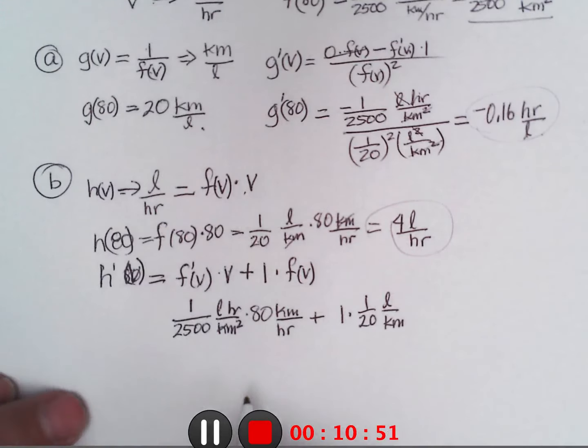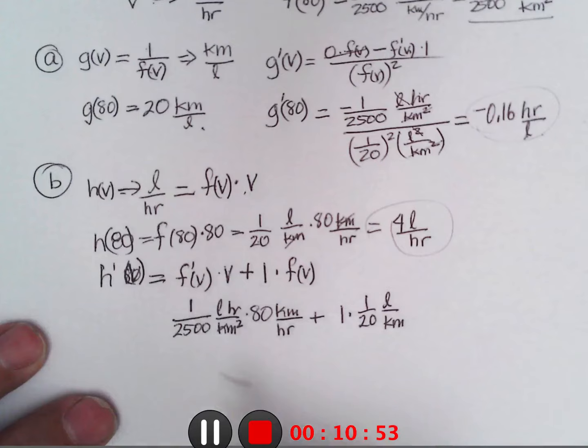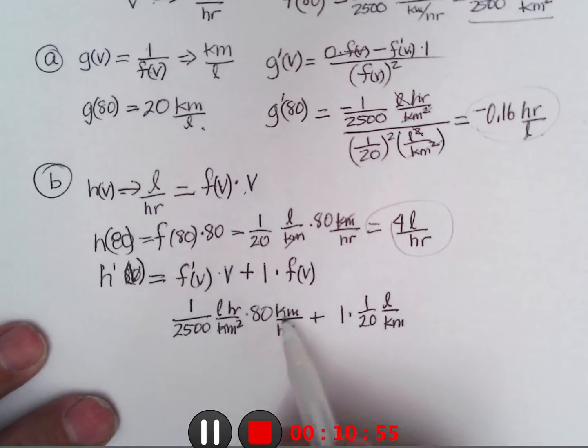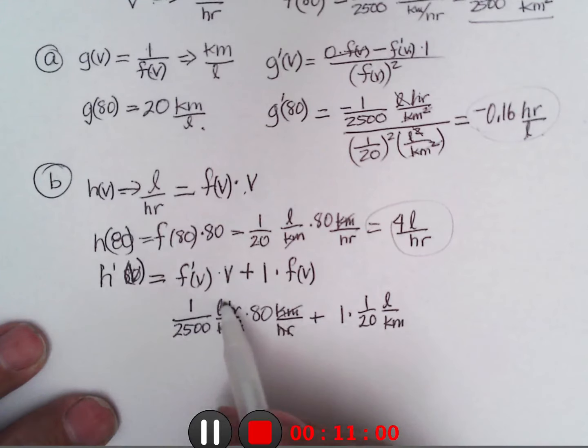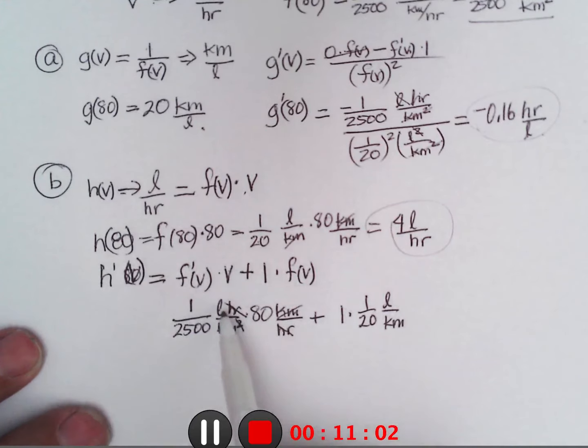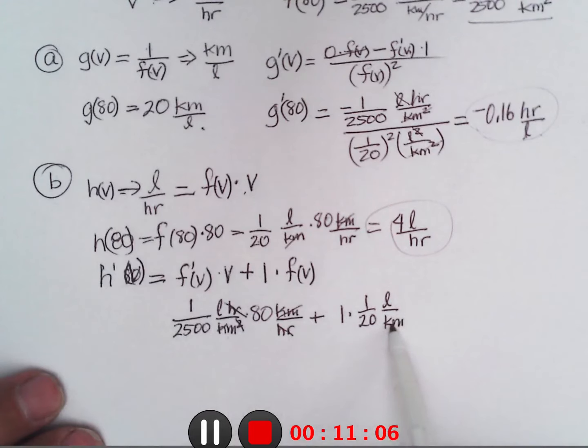So we get the units. Let's check here. Kilometers cancel one of the kilometers, hours cancel hours, and we get liters per kilometer. Both of them come out liters per kilometer.